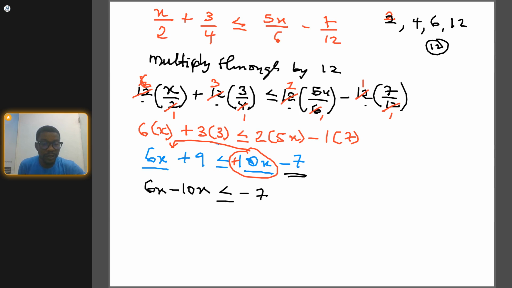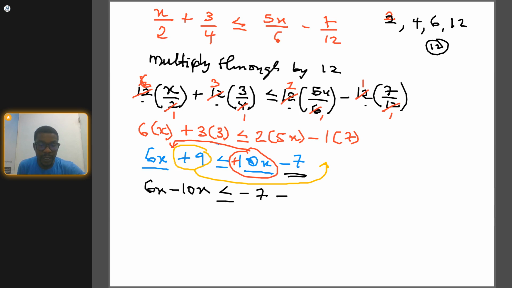Let's also bring the family of 7, which is this 9, because it has no alphabet. So 7 and 9 are called constants, numbers without an alphabet or a variable. If I pick plus 9 to this other side, I am going to have minus 9.